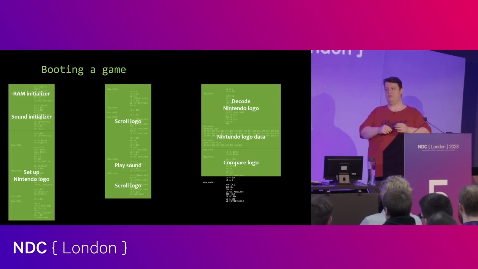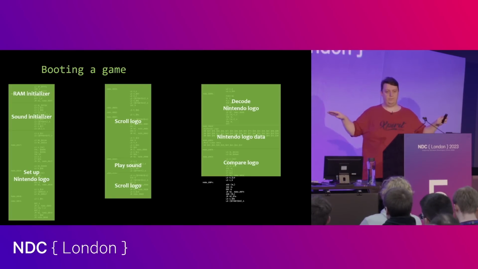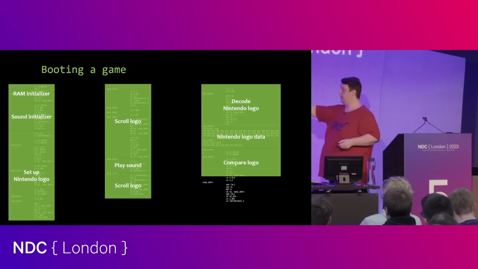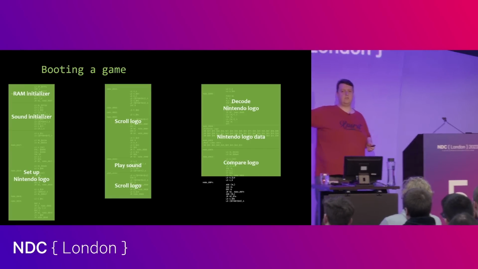Because what happens if you decide to not pay Nintendo a license and you want to build games? You're legally not allowed then to use their logo. And if you don't use their logo, your game will stop. It will not work. Your Nintendo logo will actually stop running here and will end up in a loop so that your game never starts.